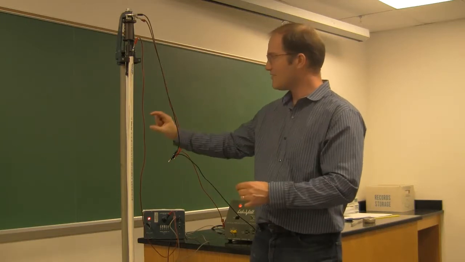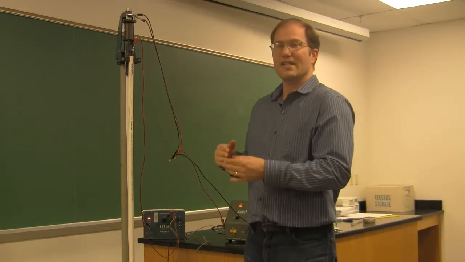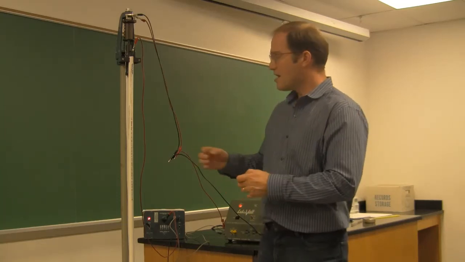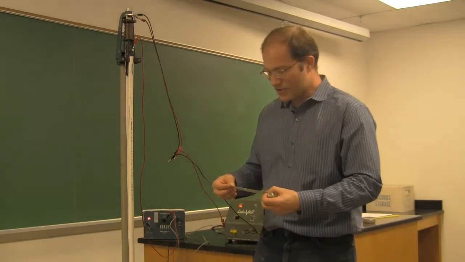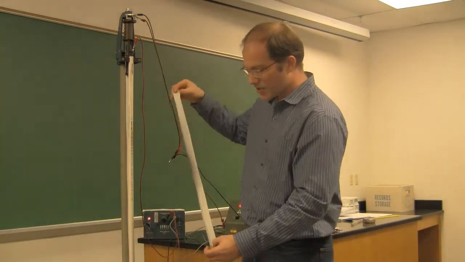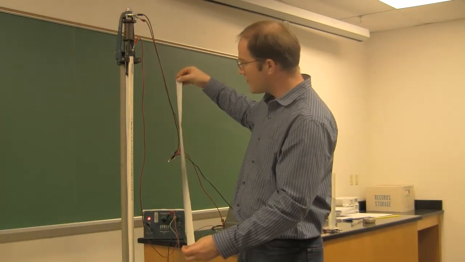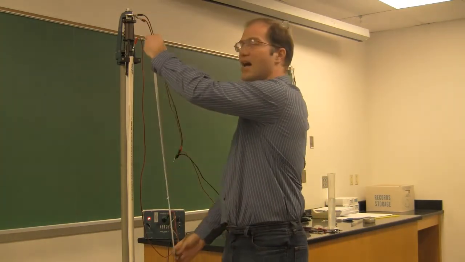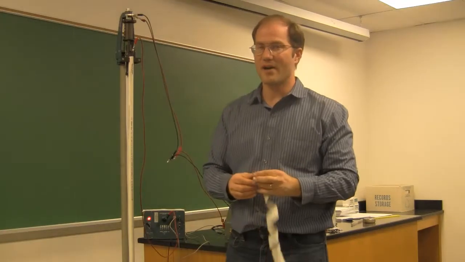So for that even time interval, it falls a little farther each time because it's moving faster. And so when we get finished, you'll have a strip of paper with a succession of dots. And sure enough, you should notice that the dots are closer together near the top, and they get farther apart at the bottom.